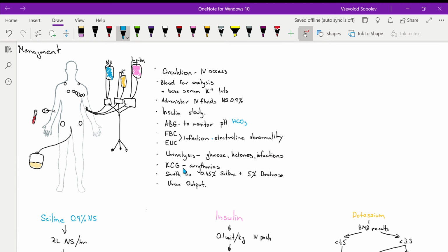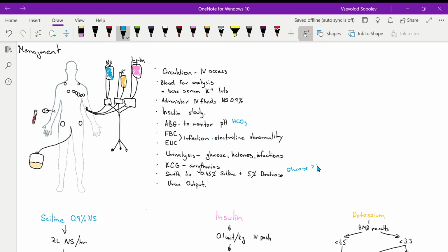We'll get the electrocardiogram to monitor for arrhythmias, and depending on the person's laboratory results for CMP, we will be regulating our fluids, saline, and we might add dextrose, depending on their glucose levels.